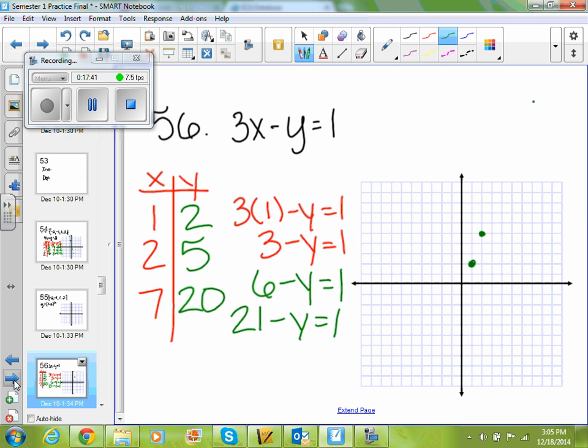So we'll just leave that one off our graph. So then do I connect these points? Yes, because they don't give us a domain. So we connect our dots when they don't give us a domain.